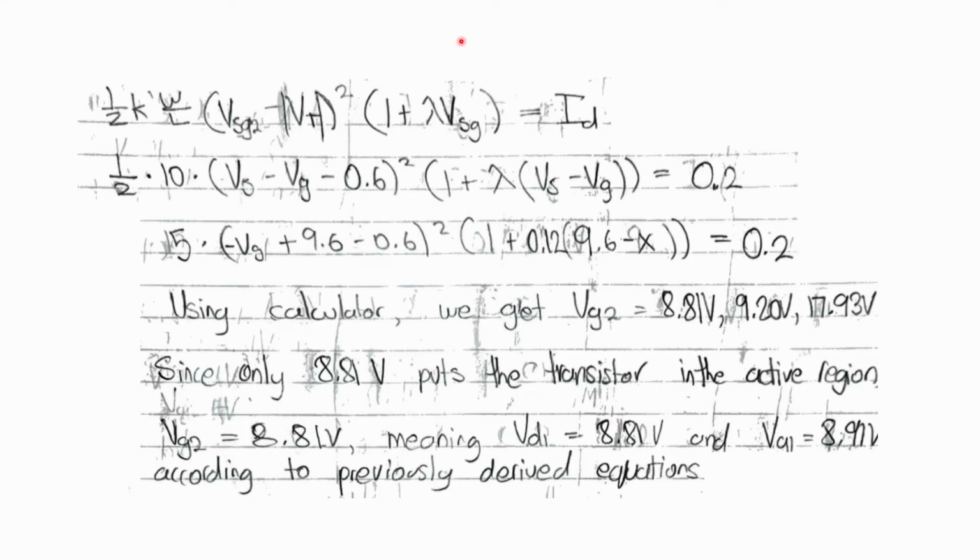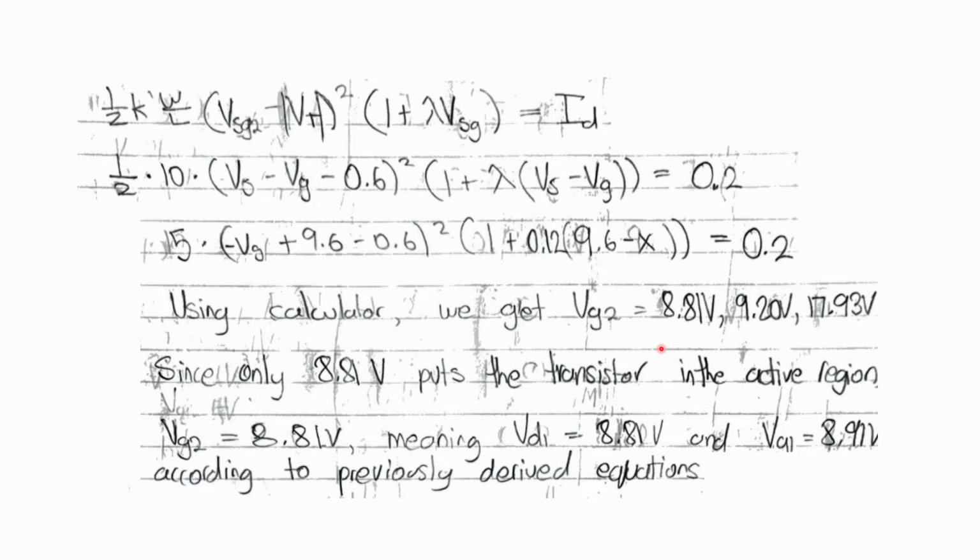As a bonus, I quickly wanted to show how you would solve this in case you weren't allowed to ignore gamma, which we did when we solved it previously. I write down the equation for saturation current that incorporates gamma, and then I plug in all the necessary values, and then I get this cubic equation. And since a cubic equation is not as easy to evaluate by hand, I use a calculator to get three values for VG2.